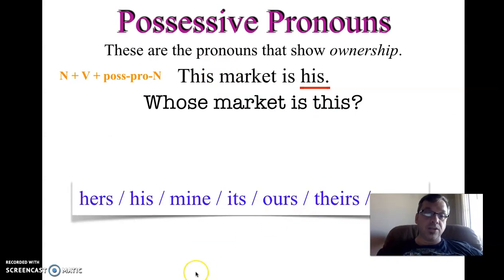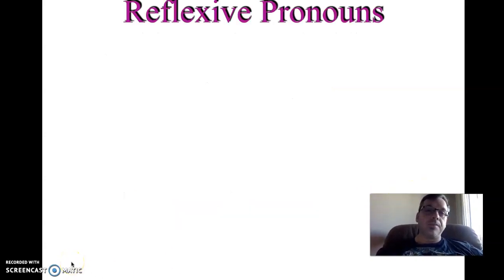The possessive pronouns: hers, his, mine, its, ours, theirs, and yours. Yours can be singular or plural, either one.